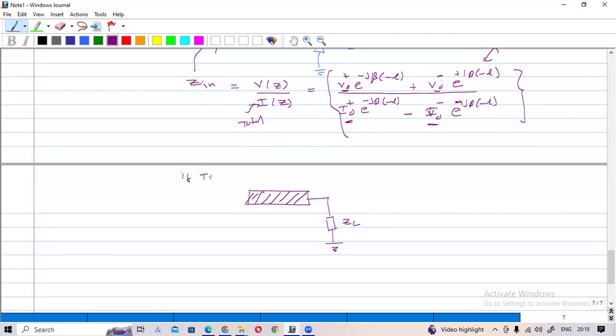if the transmission line is terminated by a ZL, the input impedance of the transmission line is given by that equation.